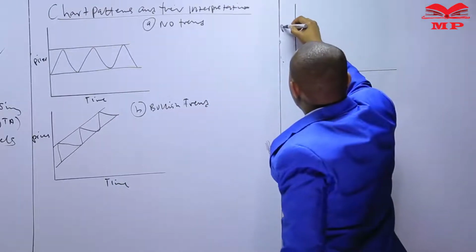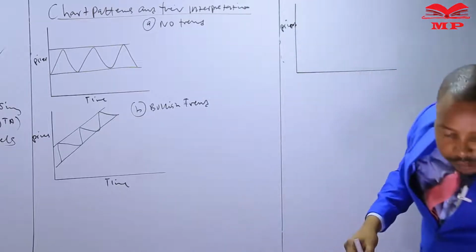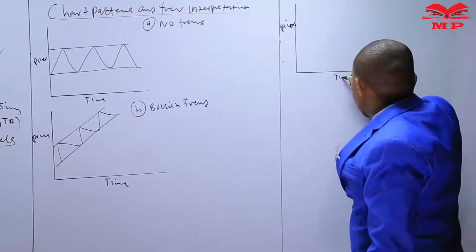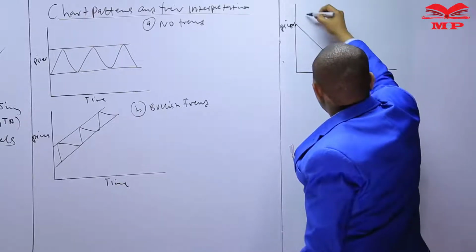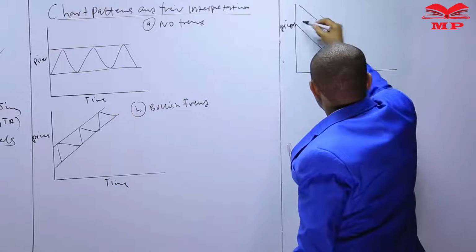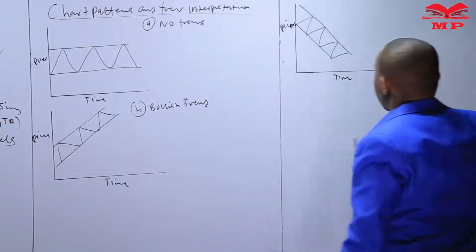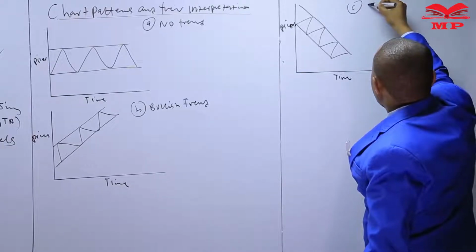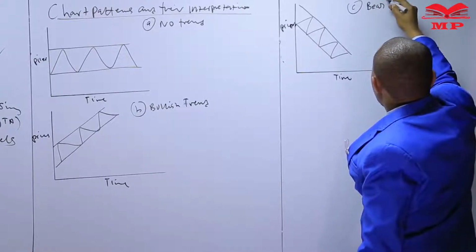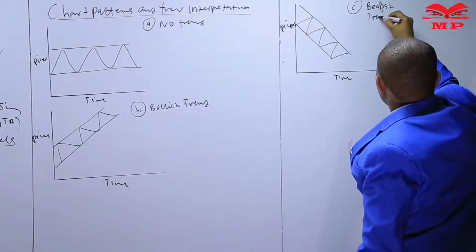This is prices against time. So now we can draw something like that, where we have the security price or asset price moving down like that. So this is C, bearish trend.